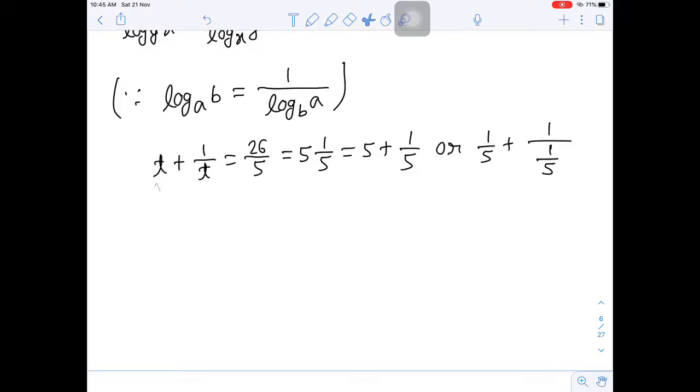Now when you compare, the left-hand side is a variable t and its reciprocal. The right-hand side is also in the same form, a number and its reciprocal. So t is either 5 or 1 by 5.